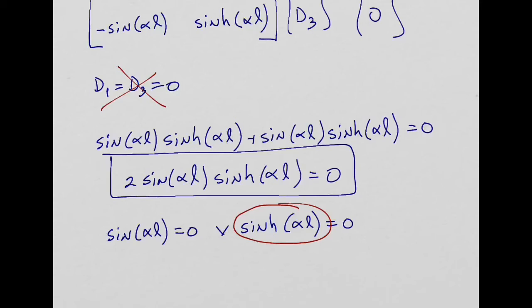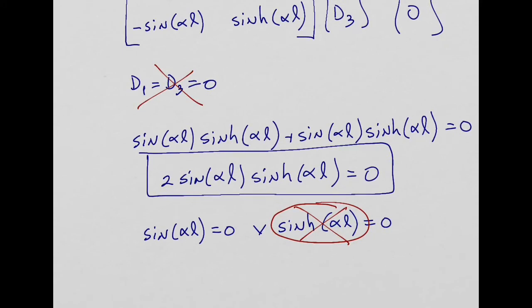The hyperbolic sine is equal to 0 only when what you have in the argument is 0, when alpha is equal to 0. But alpha cannot be equal to 0, so this solution is impossible. So the only option you have is sine alpha L equal to 0.